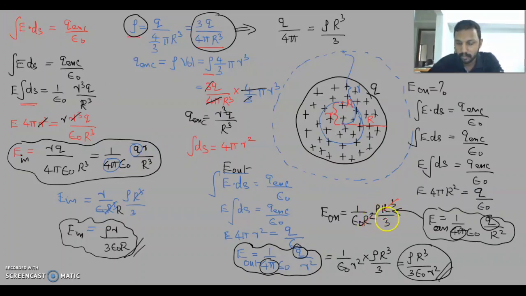There is an R over the numerator. Therefore, electric field intensity on the surface will become rho R divided by 3 epsilon 0. Okay. Therefore, these are the formulas. Then let me compare it.